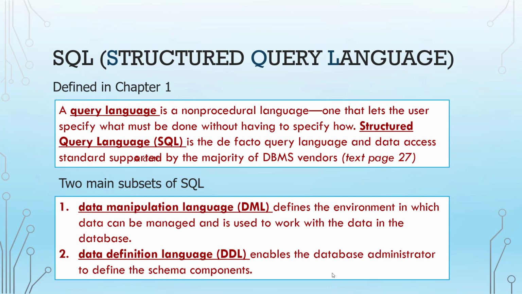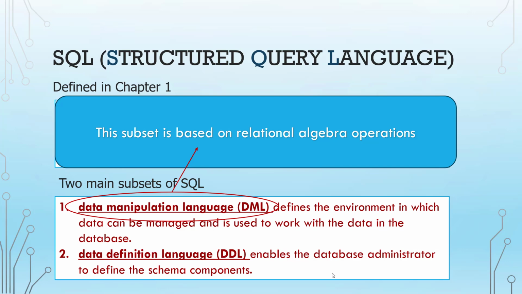When you create a data model, you're going to have what's known as an ER diagram, and you might generate a general table schema. And so DDL is the SQL that's actually going to create those tables and those indexes and those primary keys and those relationships that you define in your data model. What we're talking about with relational algebra relates to the DML part of SQL.